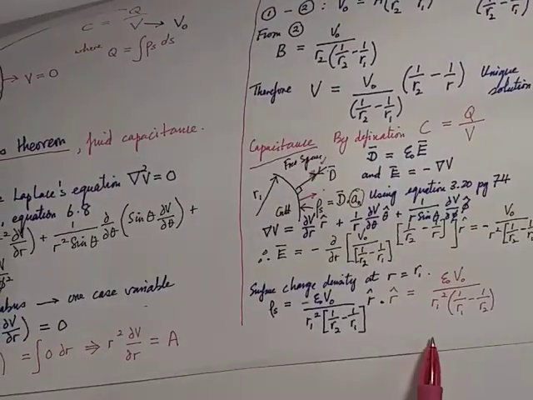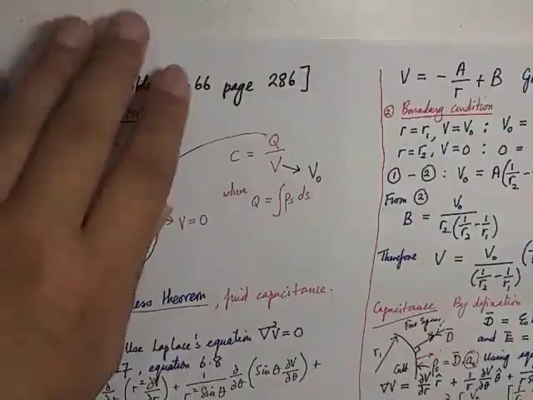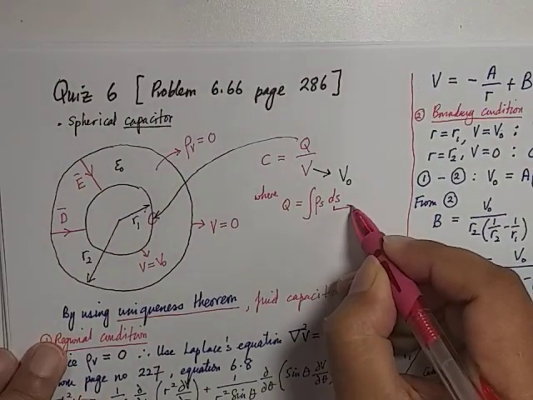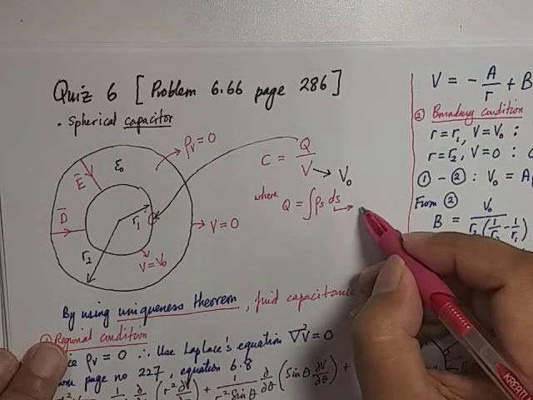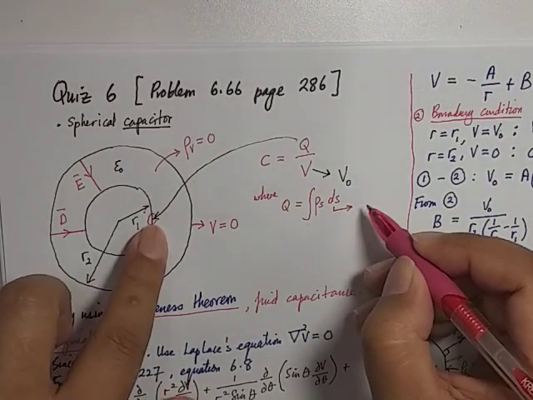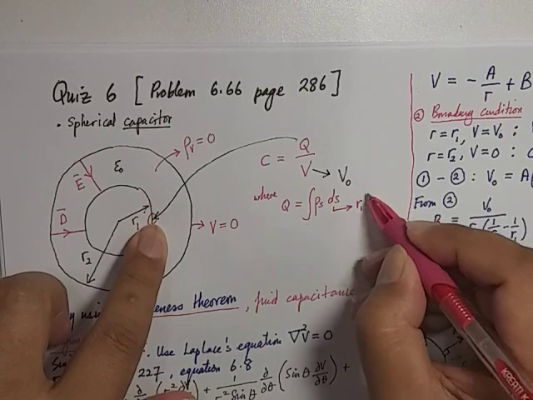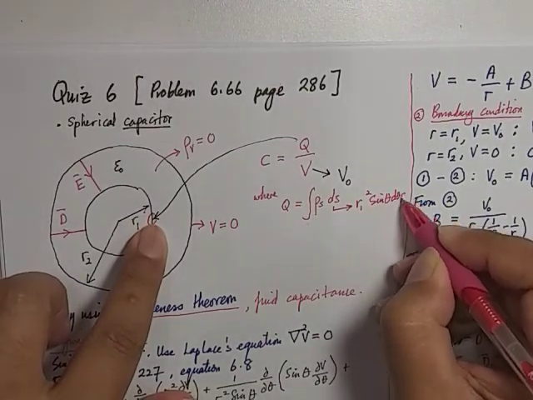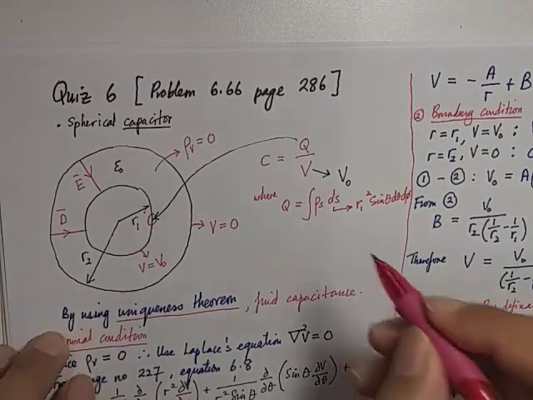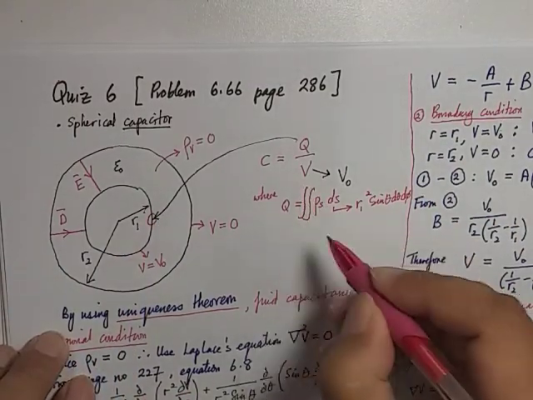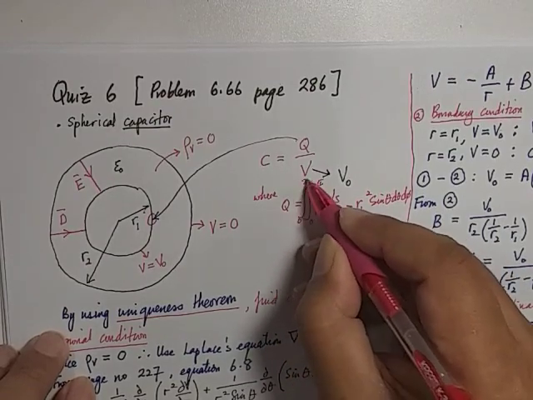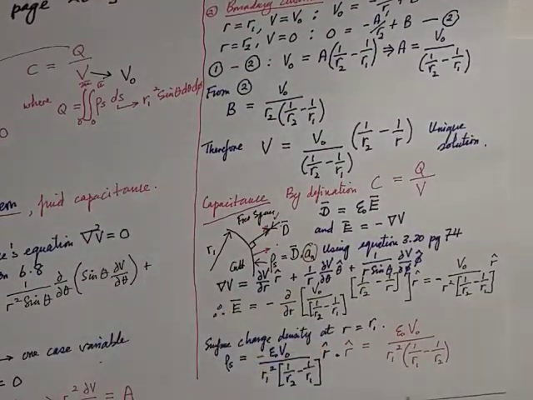And my dS must be substituted with the standard formula for spherical, which is R squared, and since we are focusing here, it should be R1 squared, sine theta d theta d phi. Remember, it should be a double integration, theta from 0 to pi, phi from 0 to 2 pi. And then we can see here the R1 can be cancelled out.